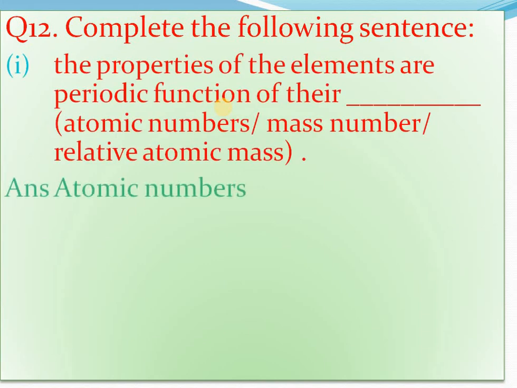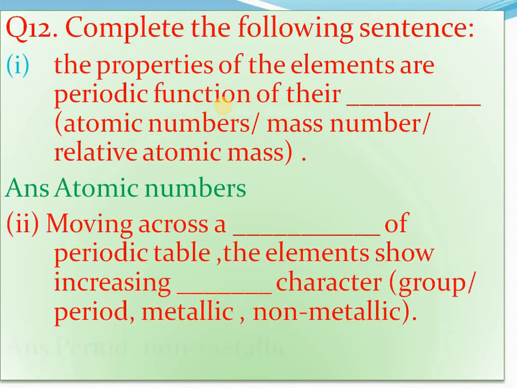Next is the periodic properties of the elements and periodic function of their atomic numbers. Moving across a dash in the periodic table, the element shows dash increasing character. So, moving across a period, the element shows increasing non-metallic character. If you write group, then the word across is there. Normally the phrase we use is moving down the group, so since across is there, better to write period.